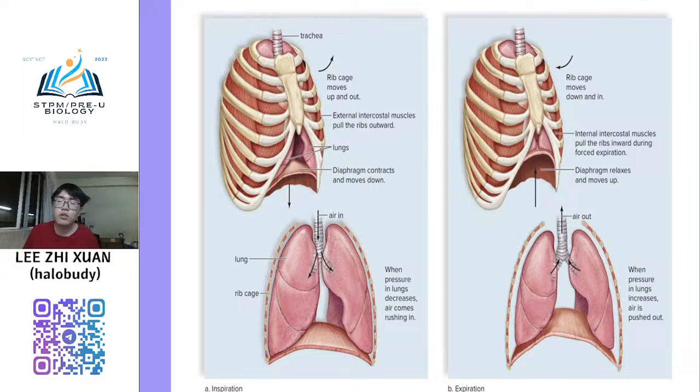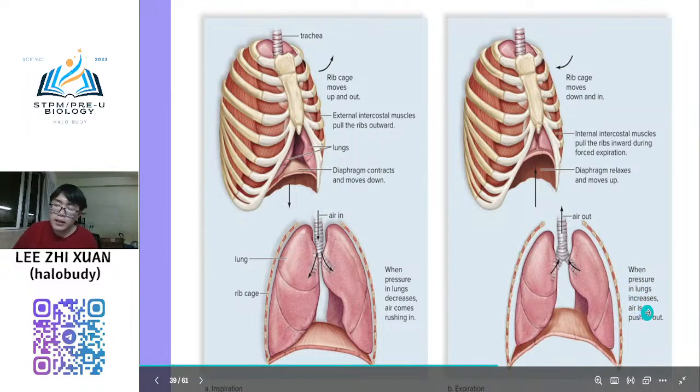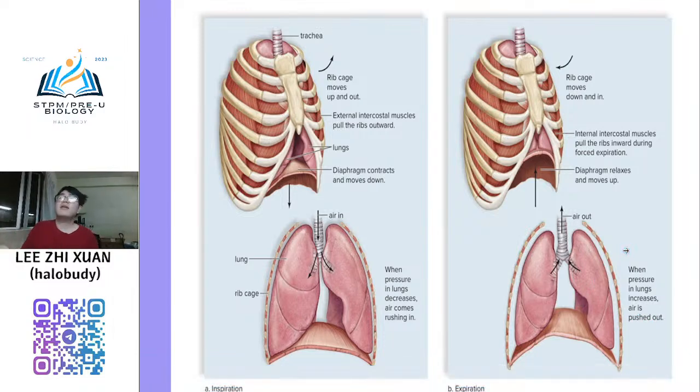During expiration, your diaphragm will relax and move up, and then your thoracic cavity will decrease. Your internal intercostal muscles will contract, while the external intercostal muscles relax. The pressure in the lung increases, and then the air is pushed out, released from your lungs.